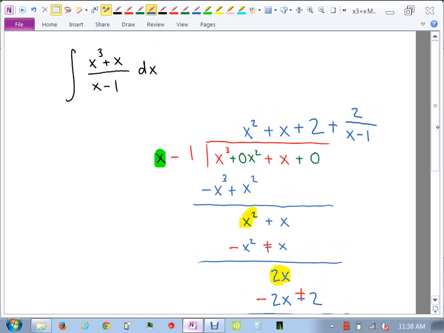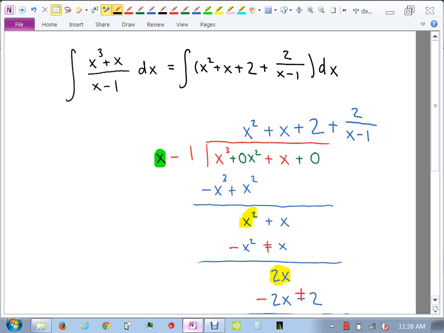So this integral, after long division, turns into all that, doesn't it? So I'm going to rewrite my integral. It's x squared plus x plus 2 plus 2 over x minus 1 dx.